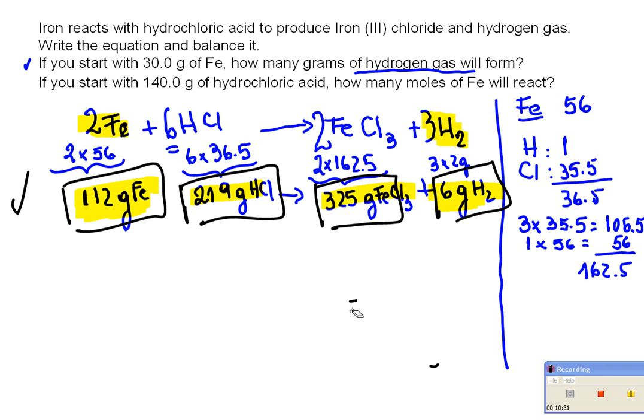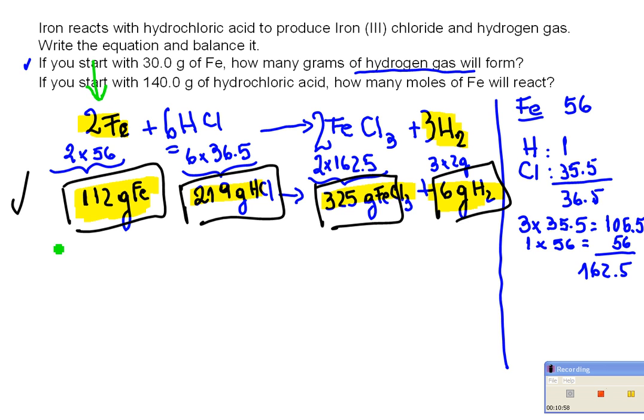Okay, it's the same, but it's a little bit shorter. Instead of writing down the question in the form of a fraction, I'm going to write down the question here. I'm going to put it in another color so you can make a difference between one and the other one. I'm going to say, if you start with 30 grams of iron, where is the iron located? Here.